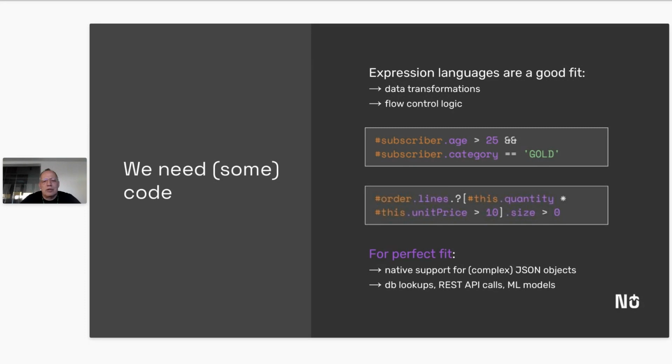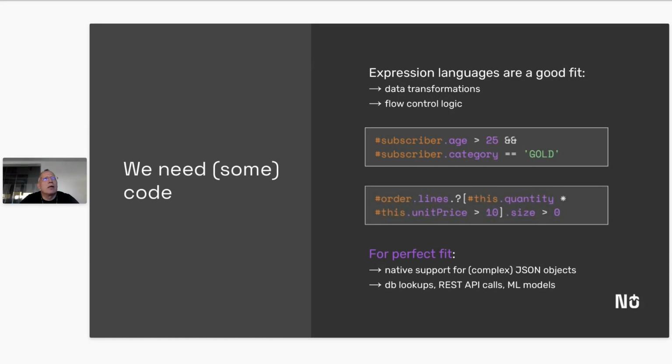Ideally, for a perfect fit, we would like such a language to support processing of complex JSON objects, and in a very easy way allow us to use enrichments, right?